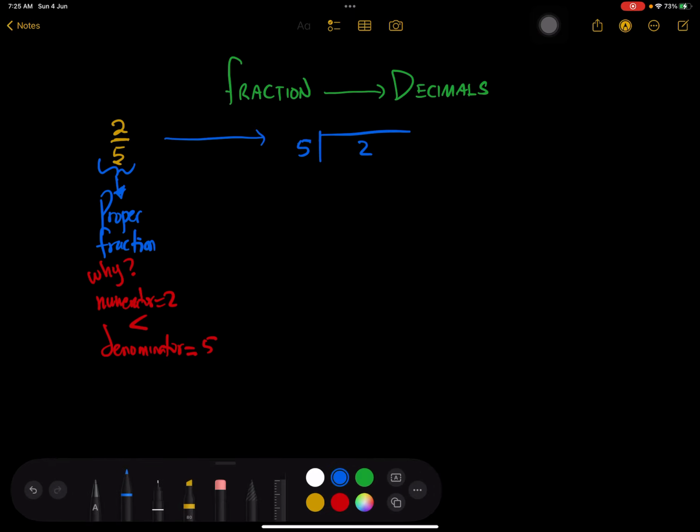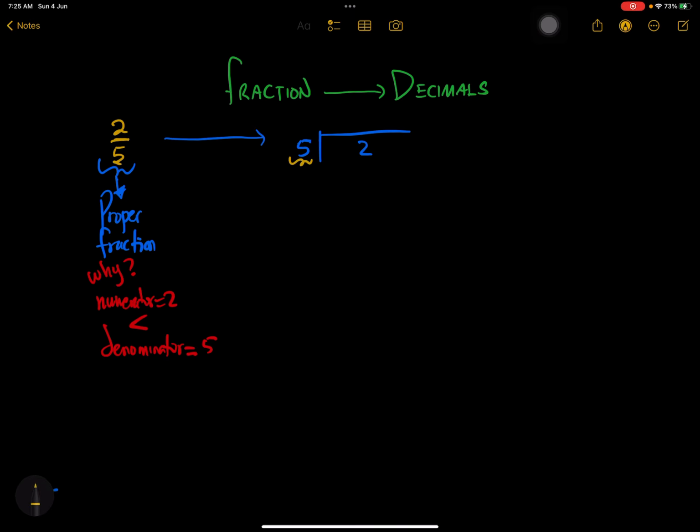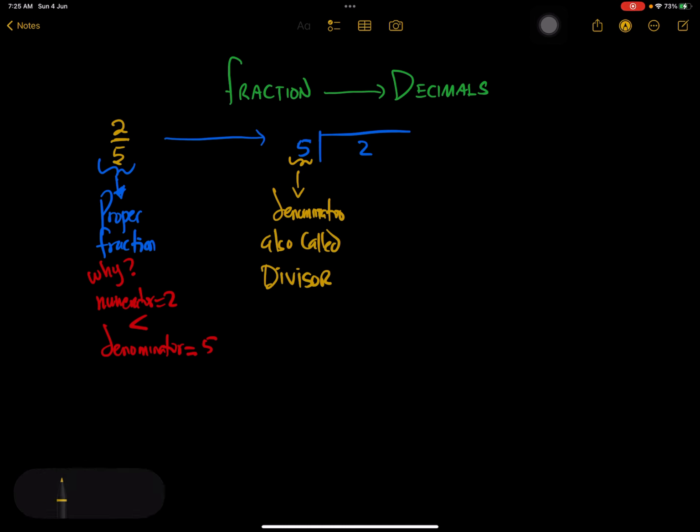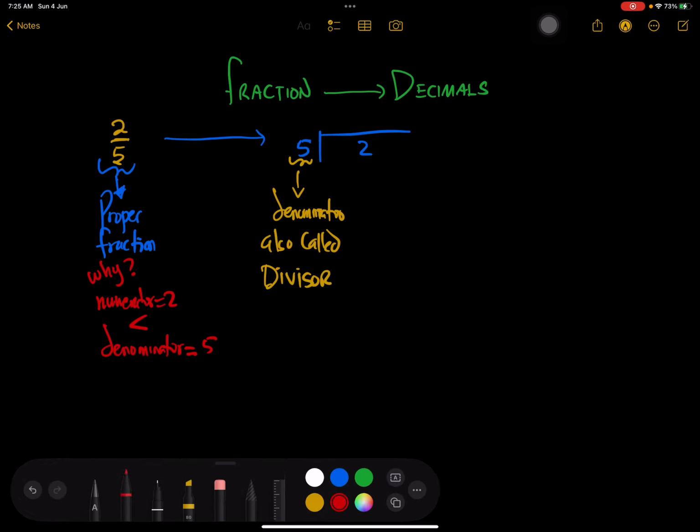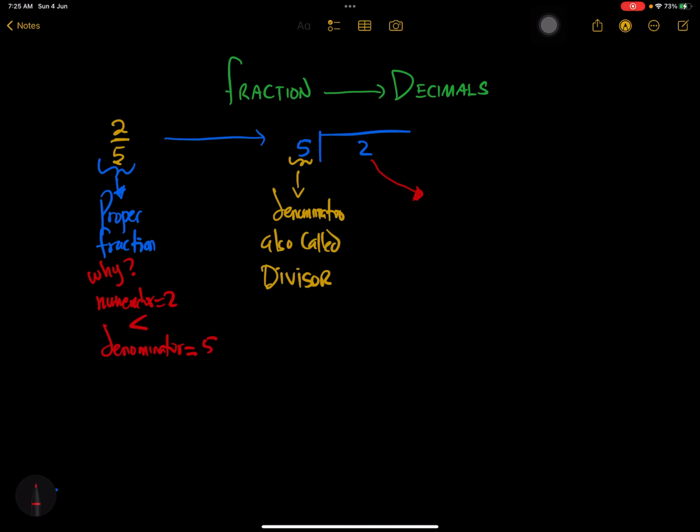Now, the 5, the denominator, can also be called the divisor. And the 2 is the dividend. The dividend is the number that is being divided.